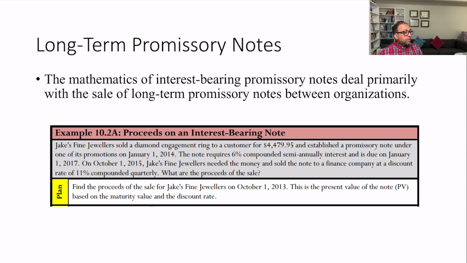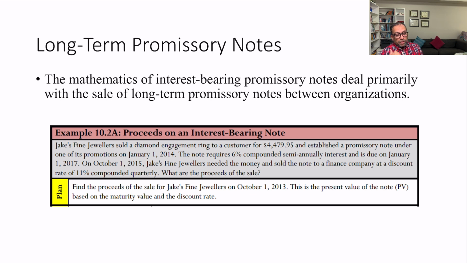Now, proceeds of the sale, this question we have to deal with like this. If it is the normal way, if this is going to go till the end of the contract, what will be the value? That's what we have to calculate, the future value for the whole note. And then we will find out the present value of this future value at the date of selling that promissory note.